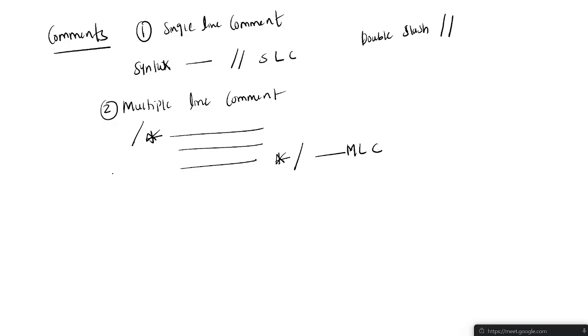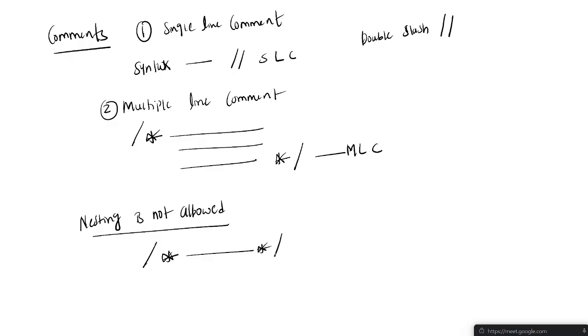And nesting of comments is not allowed. What is nesting? Comments under comments. That means you have multiple comments, the comment is closed, and here again multiple comments. This is not allowed. Is it fine? Yes, sir.